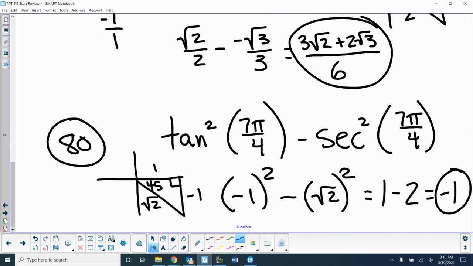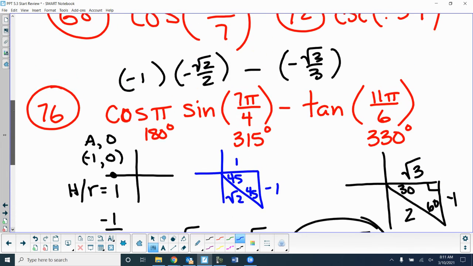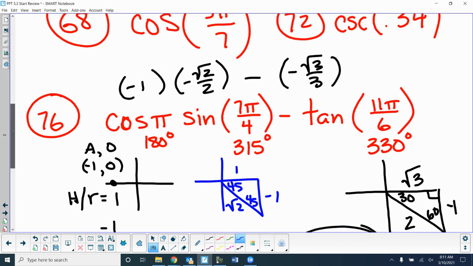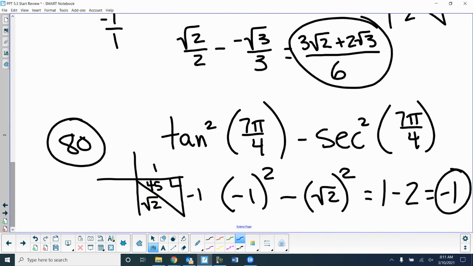And then there's 80. A lot of you got that one right. I don't know if you slated it or you actually did it right. Okay. So 7 pi over 4 came out to be 315. I think we did it in this one too, right? Yeah. 315, that's the same picture. 1, -1, radical 2.